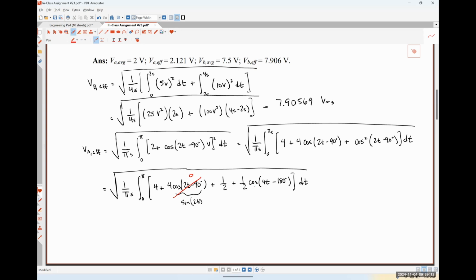This guy right here, cosine 4t minus 180 degrees, is just the same thing as negative cosine 4t, right? So what's the integral from 0 to pi of cosine 4t?